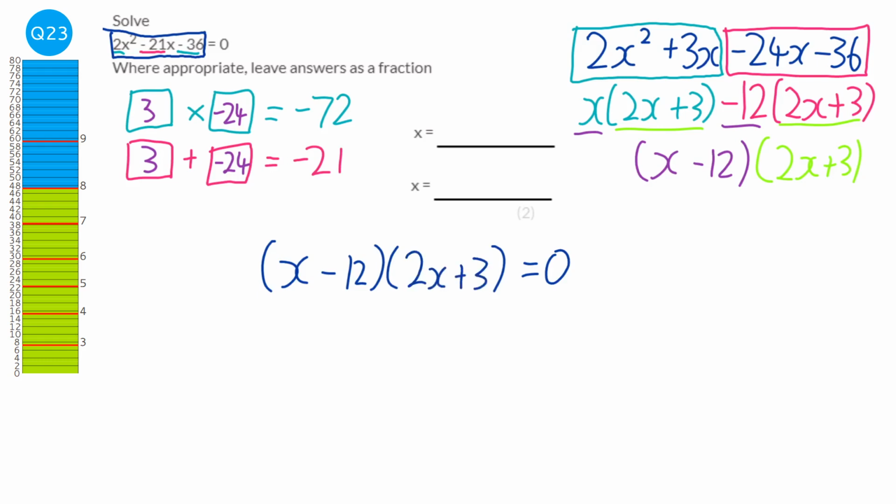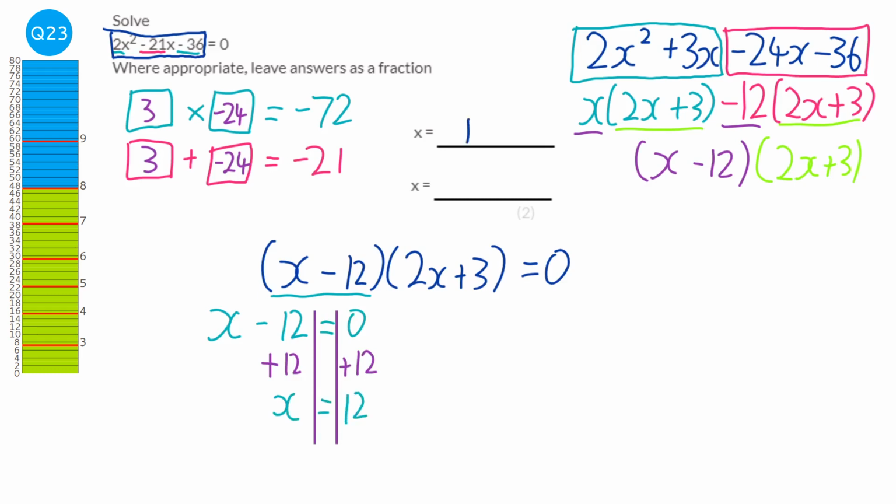To solve now, we get both of the brackets equal to 0, so x minus 12 equals 0. We're going to add 12 to both sides. So we've got x equals 12. That would be our first solution. And then we do exactly the same thing for the other bracket. So 2x plus 3 equals 0.